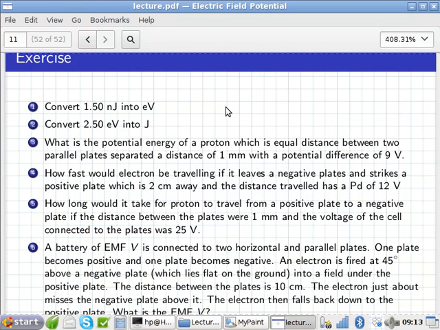What is the potential energy of a proton which is equal distance between two parallel plates separated a distance of 1 millimeter with a potential difference of 9 volts?